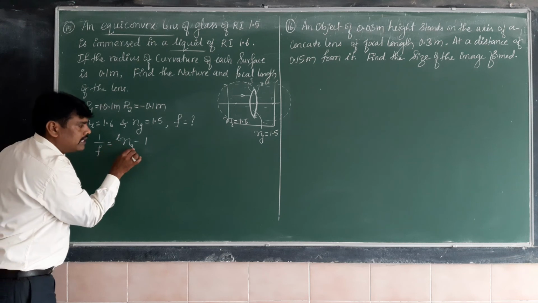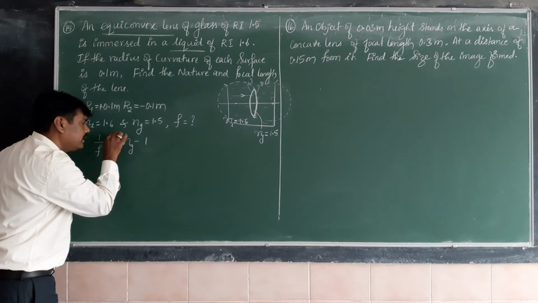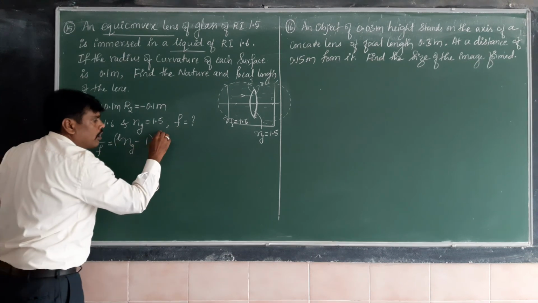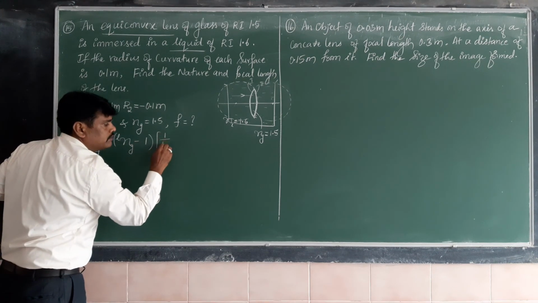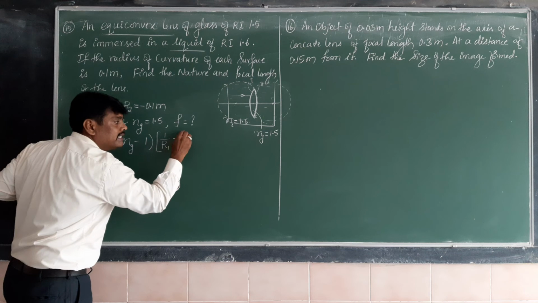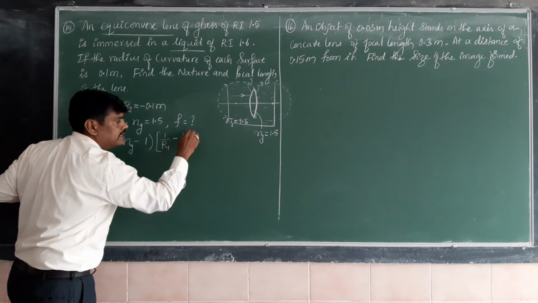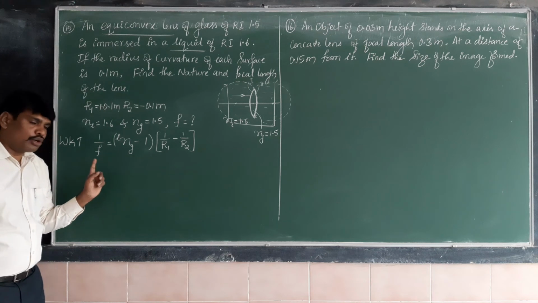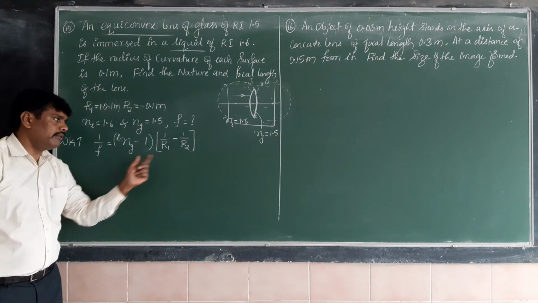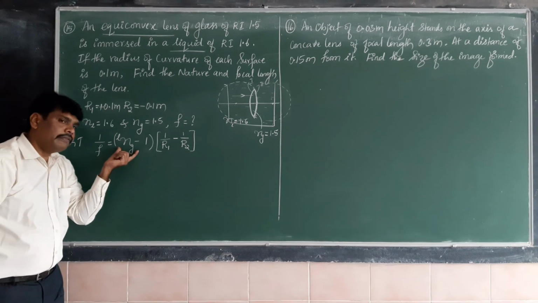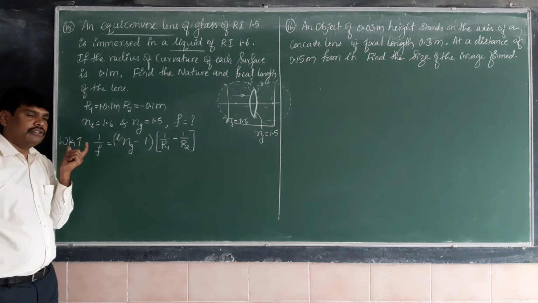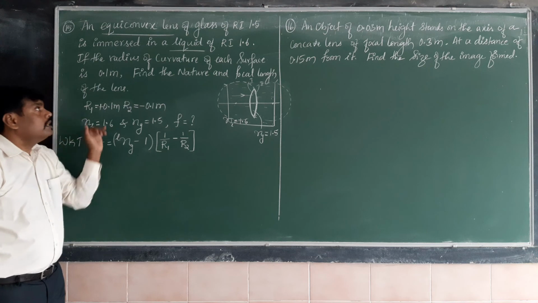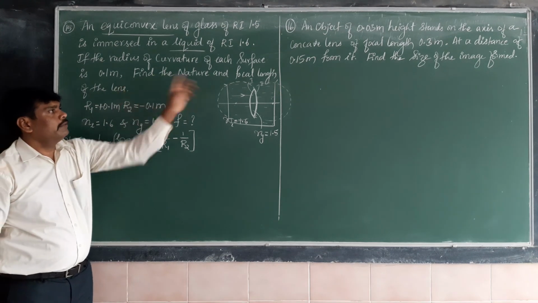So it is n of L to G minus 1, times 1 by R1 minus 1 by R2. This is the relation we call lens maker's formula. It gives the relation between radius of curvature, refractive index and focal length. We are using this formula to solve this problem to find the focal length.